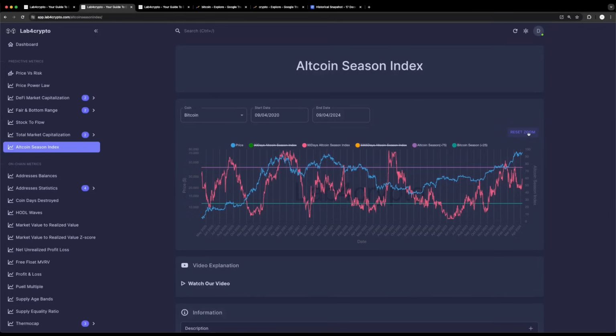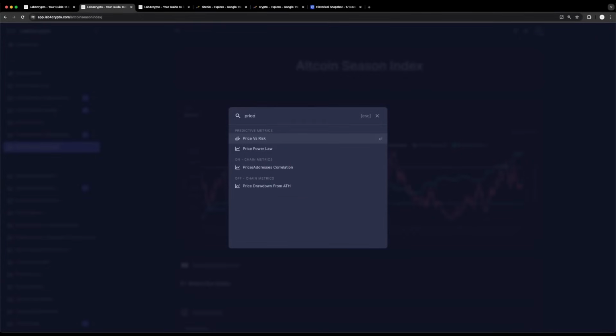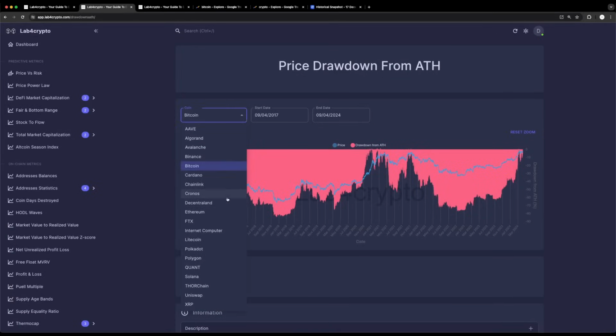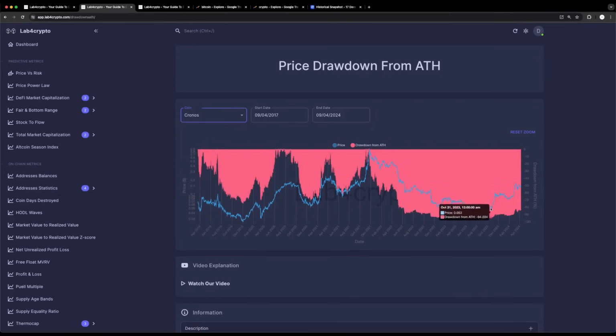But the other side of the coin is that, okay, you'll be able to see these gains, but you need to know when is a good time to exit, because if you just wait and think that this thing will continue to go up forever, you will be surprised when you see, I'm just picking a random coin here, this 95, 96% drawdown from all-time high. So imagine that you manage to get 100K when you enter the crypto market.